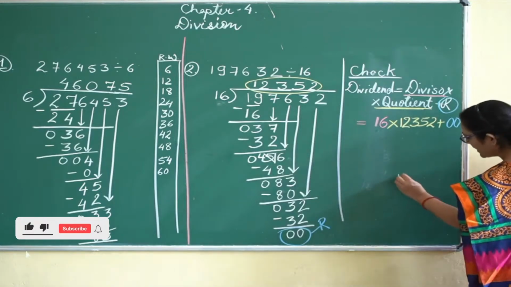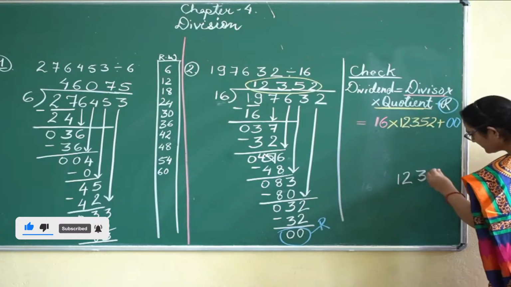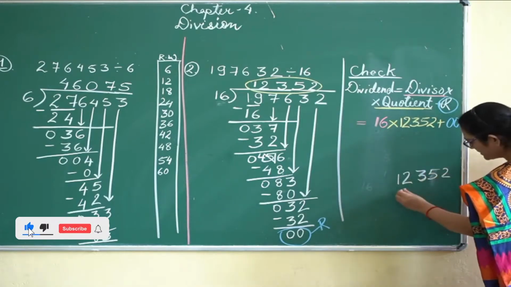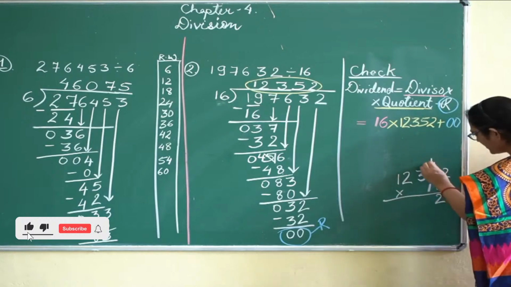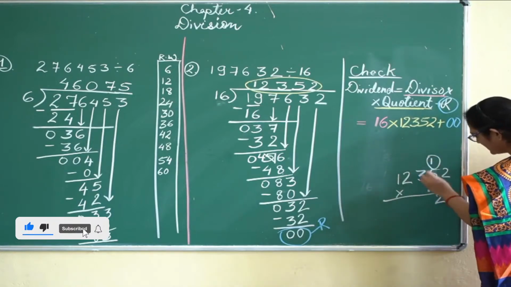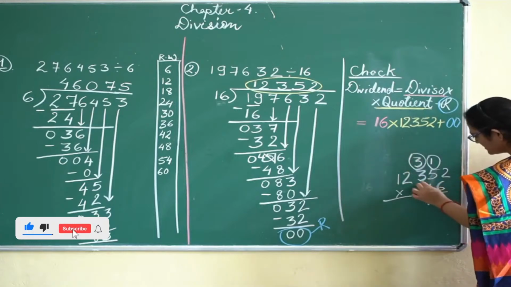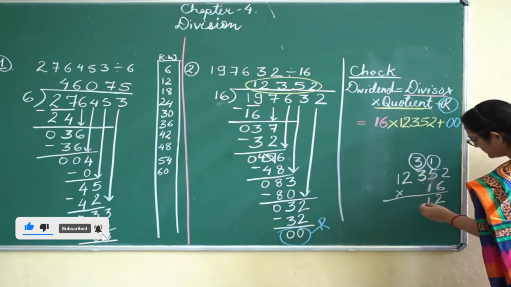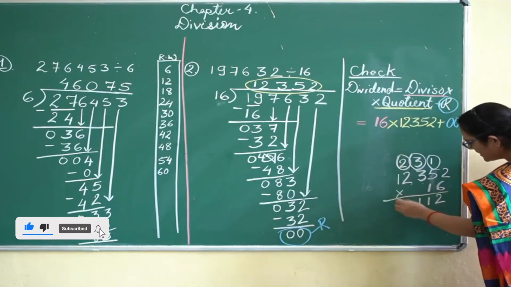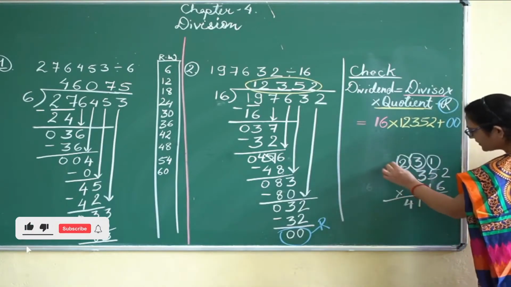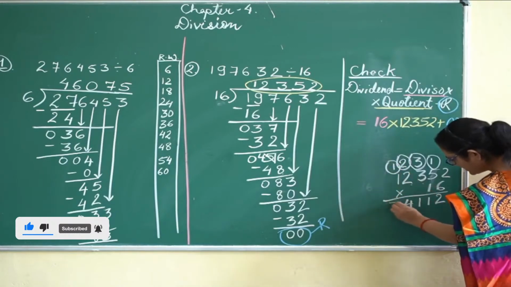So how will we multiply? 12,352 multiplied by 16. 6 2s are 12, carry over 1. 6 5s are 30, 30 plus 1 is 31, carry over 3. 6 3s are 18, 18 plus 3 is 21, carry over 2. 6 2s are 12, 12 plus 2 is 14, carry over 1. 6 1s are 6 plus 1 is 7.